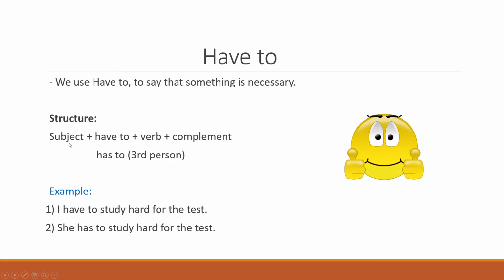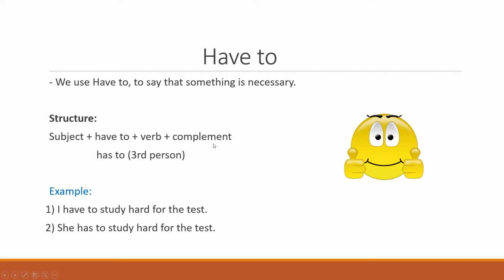If the subject is he, she, or it, you have to use has to. But if the subject is I, you, we, or they, you have to use have to. Then the verb, and then the complement.